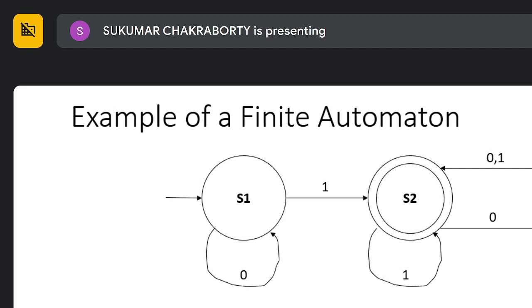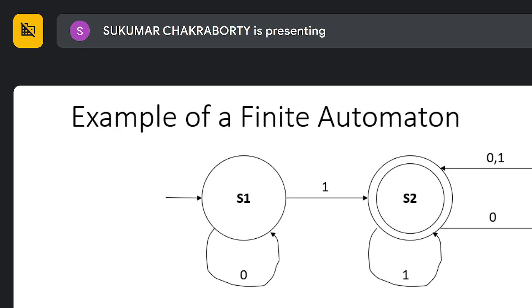Here we can see a state machine which has three states. The states are named S1, S2 and S3. And here you can see there are two special states. For the state S1, there is an arrow coming into S1 from nowhere.